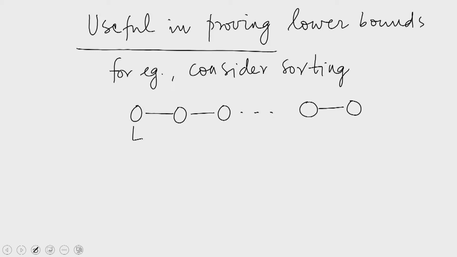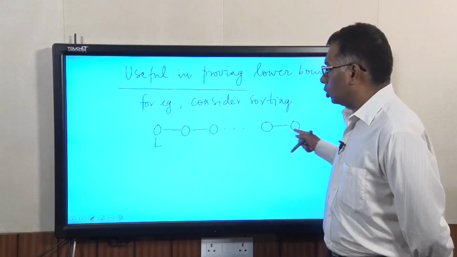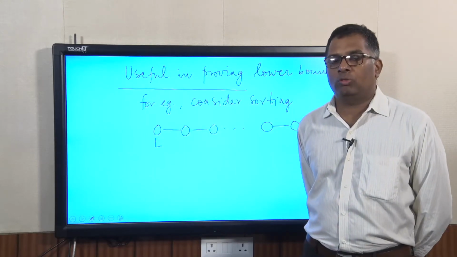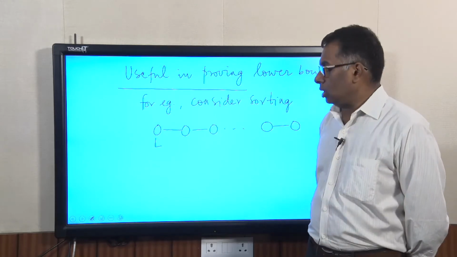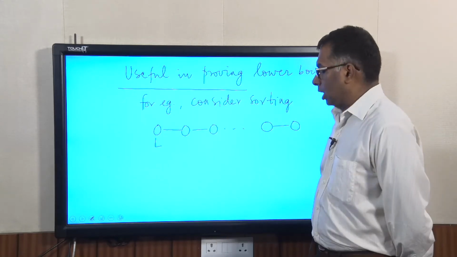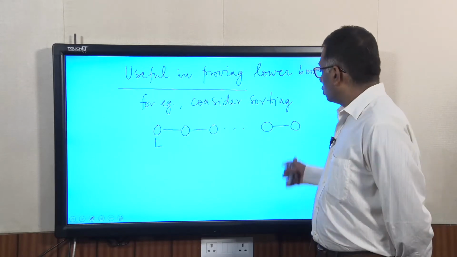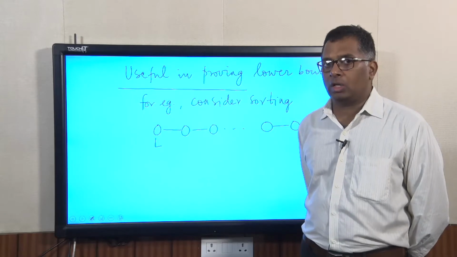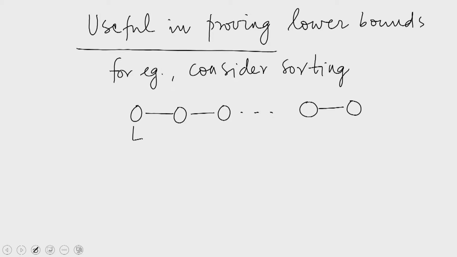The largest element, let us say L, is kept in the first node. Now, when the sorting is over, the largest element has to appear at the right end. For this to happen, the element has to travel through a distance of n minus 1, which happens to be the diameter of the network. So, here we are keeping the largest element a diameter away, so that it will have to travel a distance equal to the diameter to reach the destination. So, this ensures that a lower bound for sorting is the diameter. In this case, sorting requires at least n minus 1 steps.